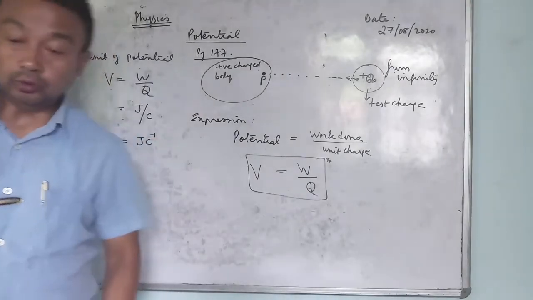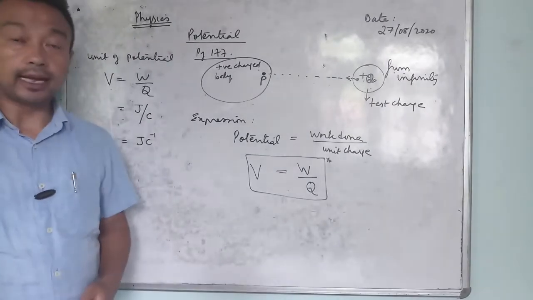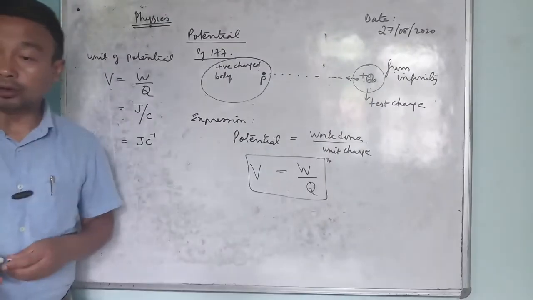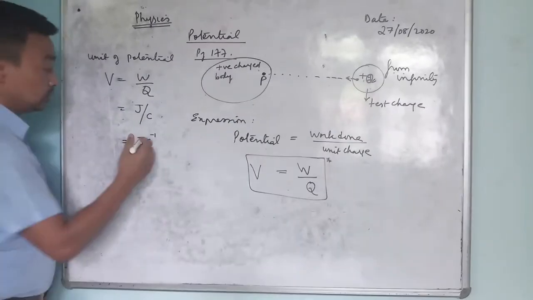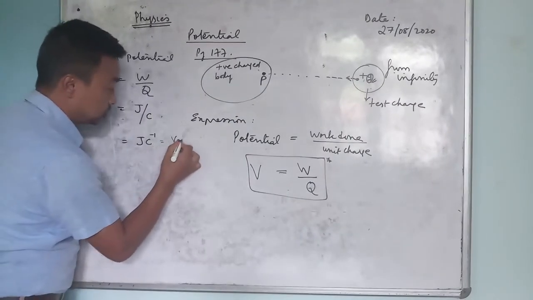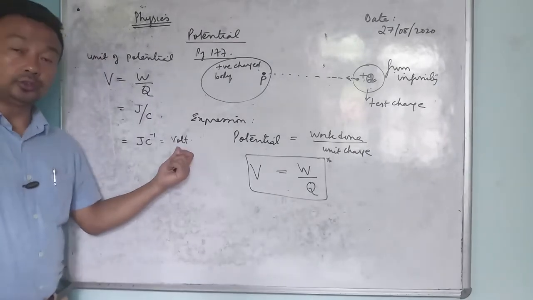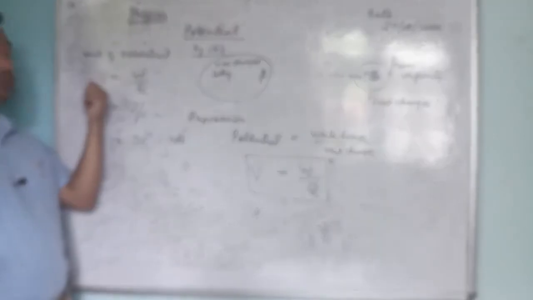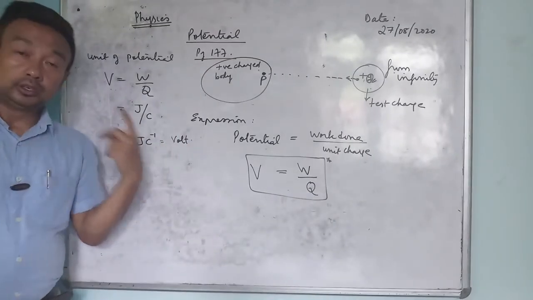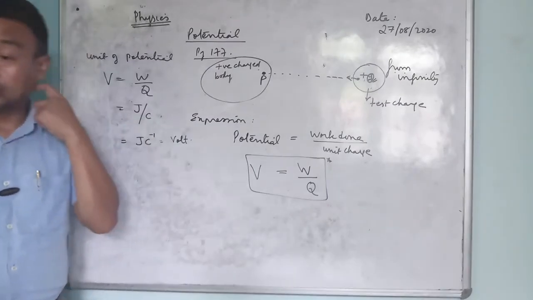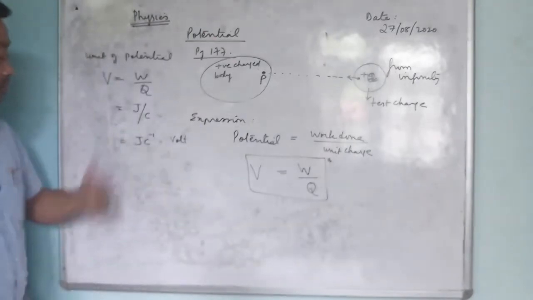Now this joule per coulomb can also be given the name volt. We can also call it volt, and it uses the same symbol V as the potential. It is given in honor of the scientist Alexandre Volta, who may be some French scientist.